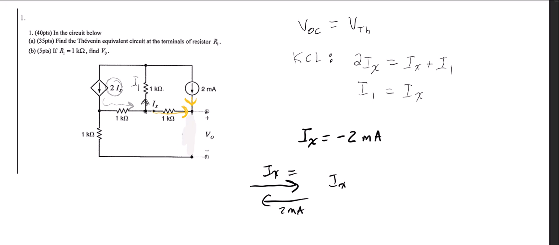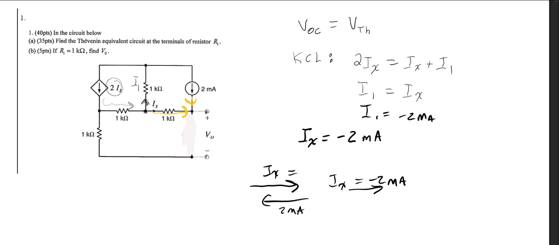So Ix going in this direction must equal minus 2 milliamps because we know it's really going in the other direction. Then that tells us, since I1 equals Ix, I1 is also minus 2 milliamps. And we can use that information to find out our voltage. So we now have enough information to find the voltage.